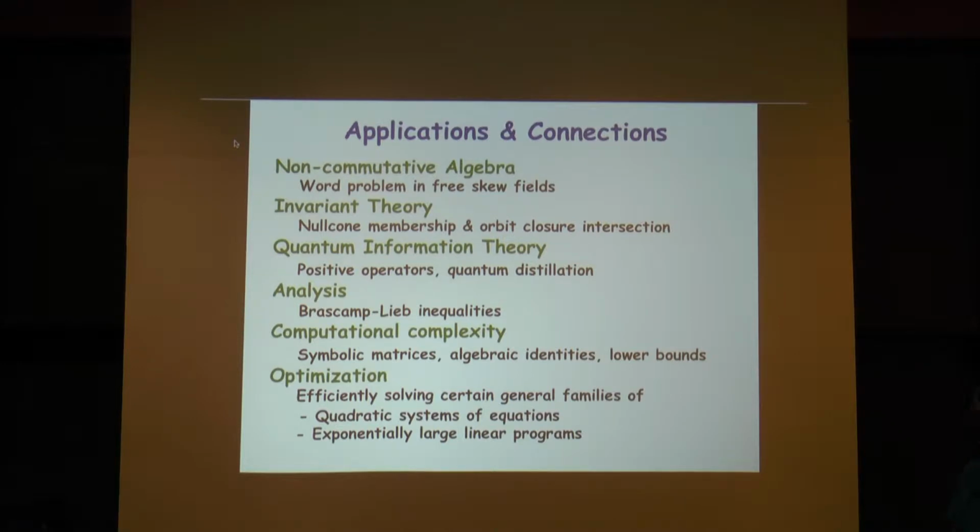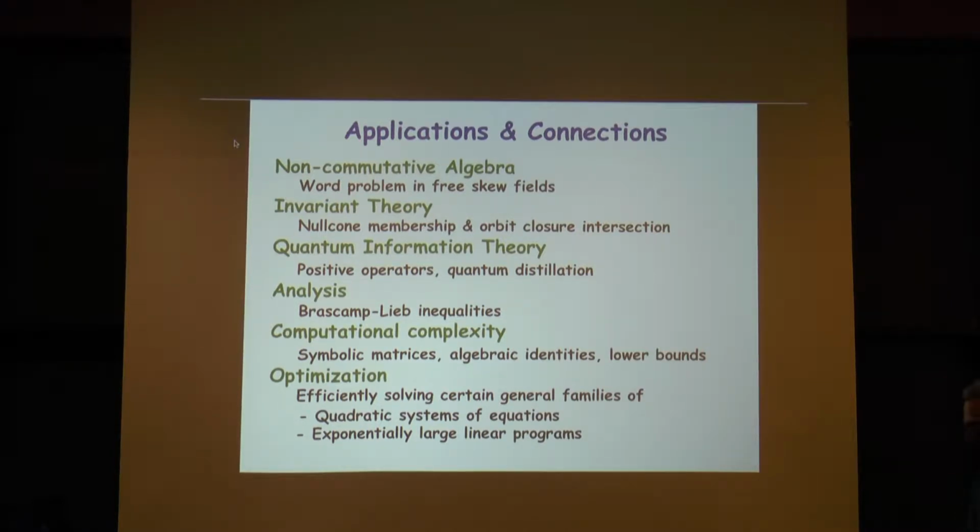In fact, here is a list, and this list is partial. We'll see most of them. We'll see non-commutative algebra, we'll see invariant theory. You don't have to read the black parts. We'll see quantum information theory, and I'll at least mention the connection to analysis.